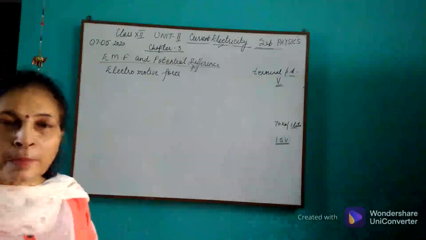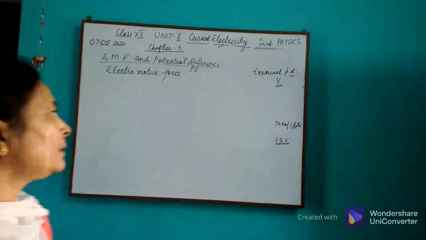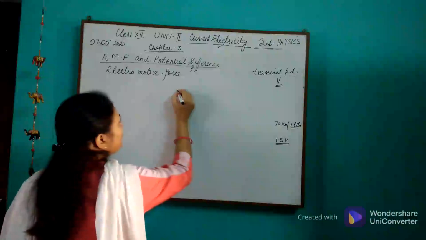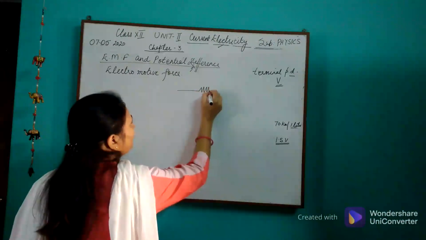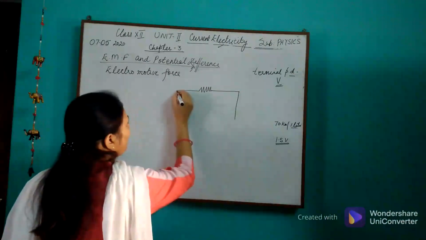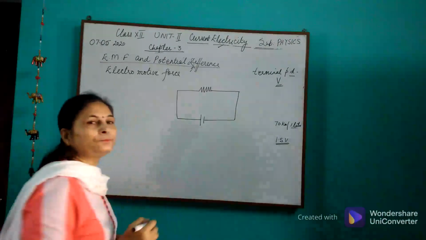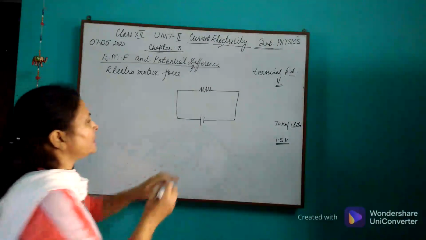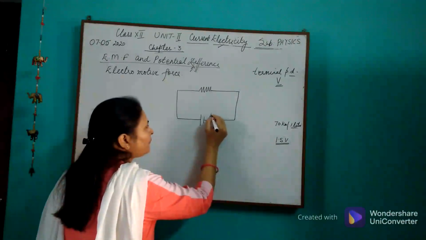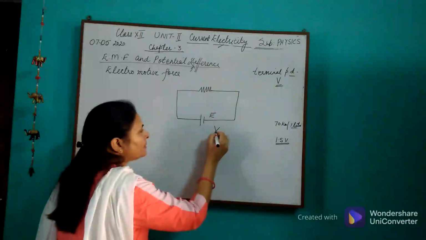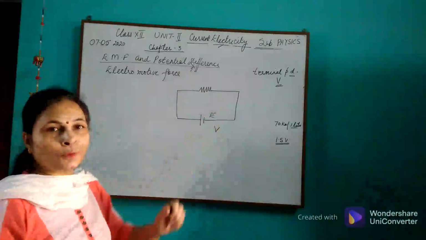Now I'll explain the difference mathematically, also using a circuit. Suppose there is a circuit having a given source of potential difference. This one says EMF is E and potential difference is V. Now what is the difference between the two?